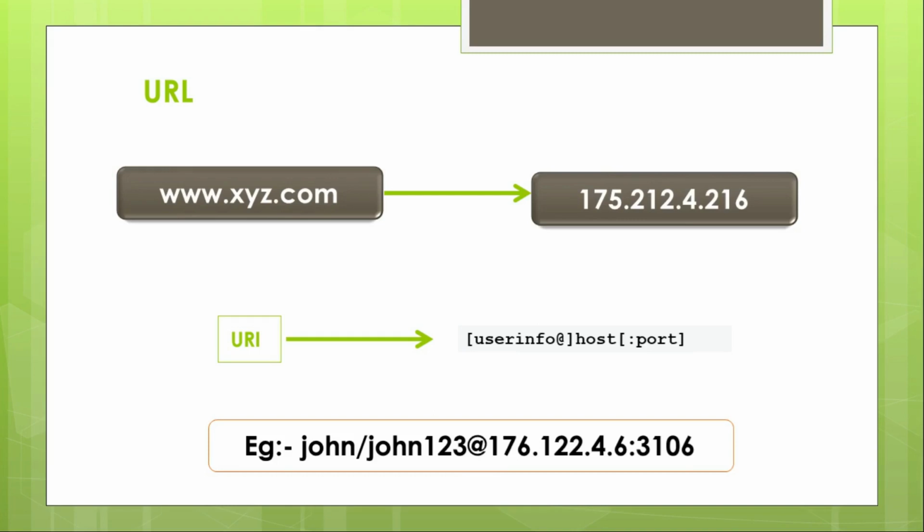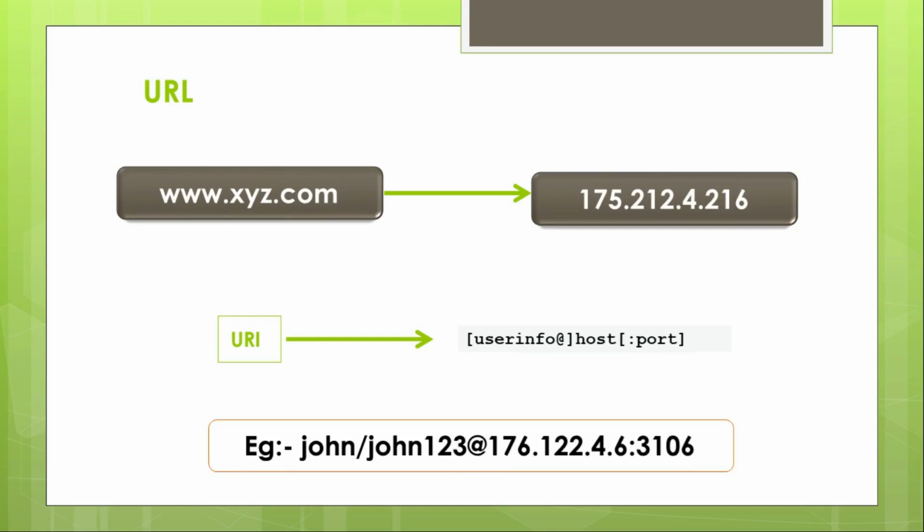Every service runs on one particular, unique port number. So if you want to access a file from one computer, you need to give the username, password, IP address as well as the port number.